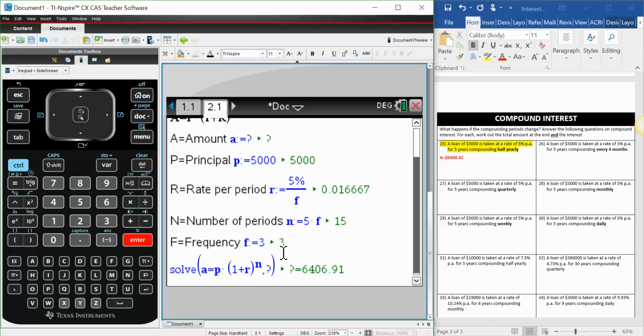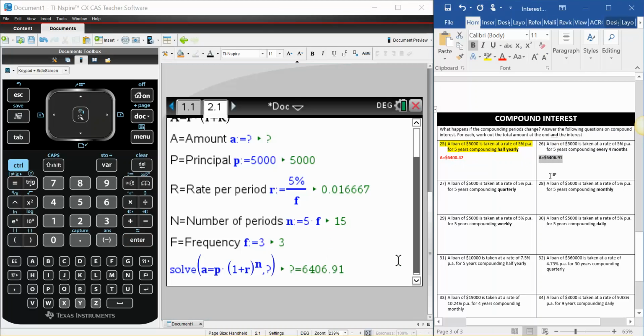All we have to change is the F. The rate stayed the same, the number of years stayed the same, and because we changed F, 5 times 3 is 15, and 5% divided by 3 is 0.0167. So we can see that the answer for this question is $6,406.91. So it's gone up by about $6 if we compound it just one more time for the year.